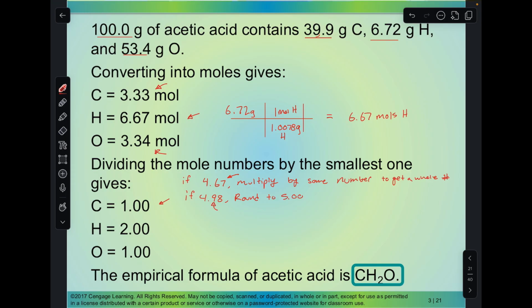So if it's pretty close, if it's within 10%, I'd say 4.9 is iffy, but I think it's acceptable. The numbers should work out to be pretty close to what you're looking for. Anyway, so we took each number, 3.33, and divided each by 3.33, and we got 1, we got 2, and we got 1. And so the empirical formula for acetic acid is CH2O. Okay.